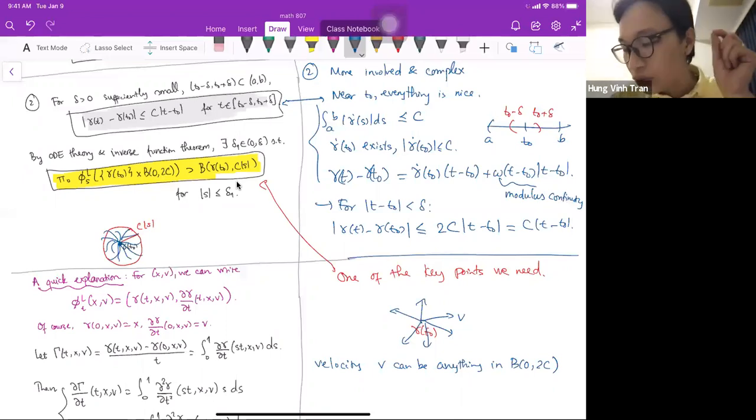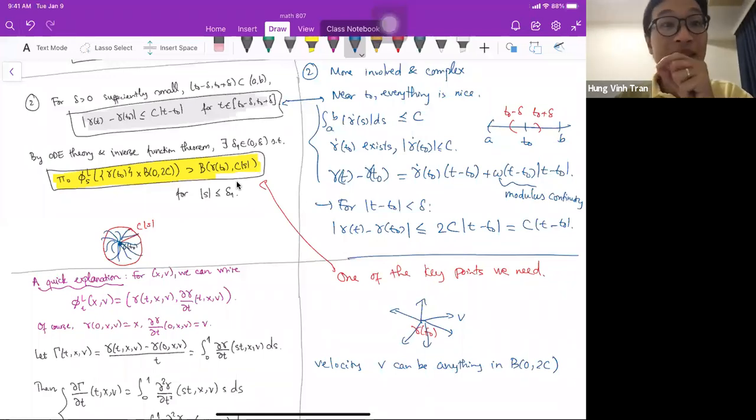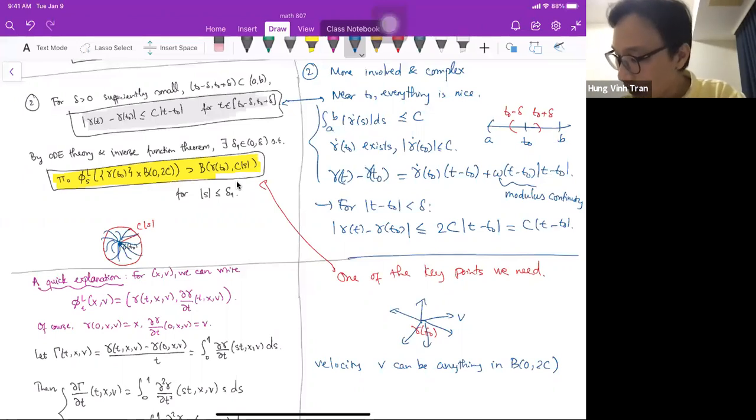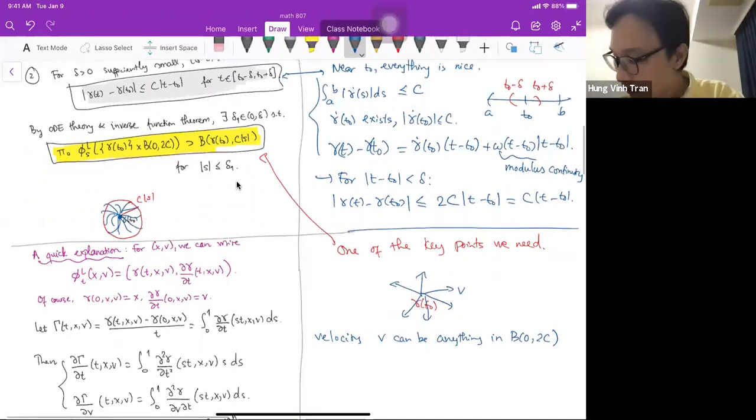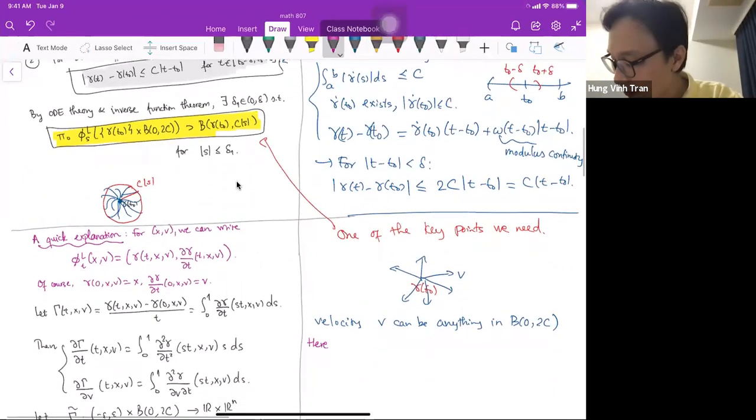So if you go up to time s, then you can reach a ball of center gamma t naught and radius c times s. Okay, that's essentially it. Here, the projection map p is the map that projects (x, v) to x.